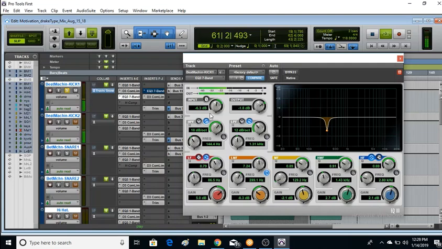Okay, so in addition to that, right here on our input, we have a phase shift. What's the phase shift for? Really good when you're tracking live drums, if you have multiple microphones at different angles in different areas on the same source.